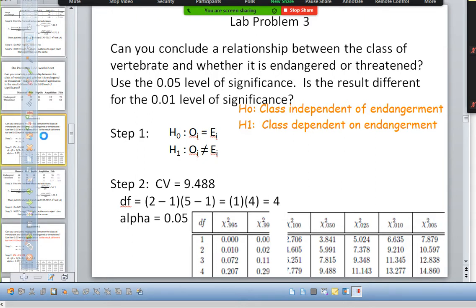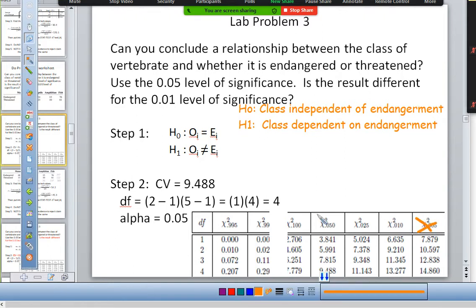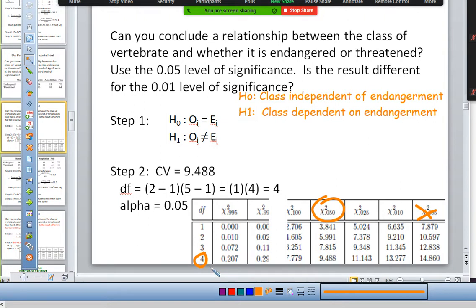It's so easy to want to pick the last one, because it says 005, but that's 0.005, and you want 0.05. So you want this one right here, and with 4, it's going to be 9.488. That's my critical value.